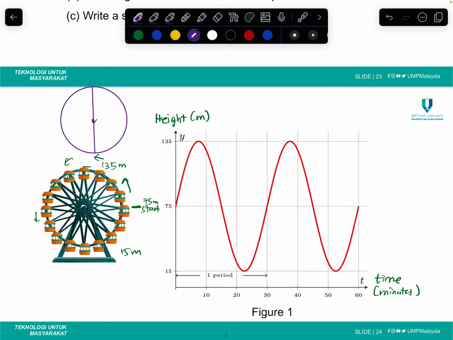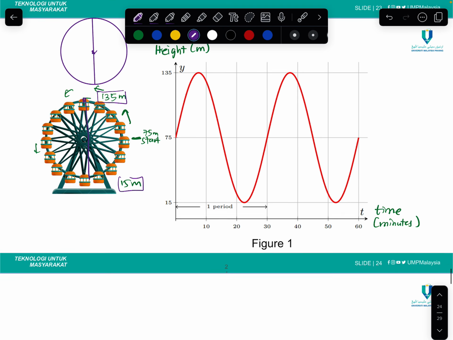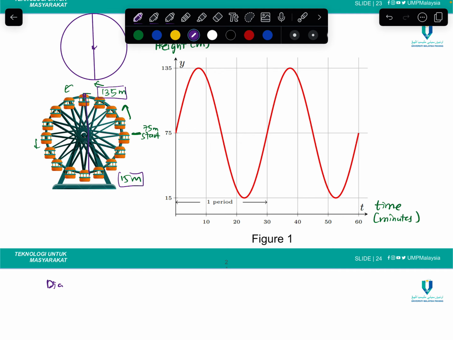You can find it by using the information of the height. The highest is 135, the minimum is 15. So logically, the diameter is the difference between those values. Diameter is 135 meters minus 15 meters equals 120. So that is the answer for A, the diameter of the Ferris wheel.